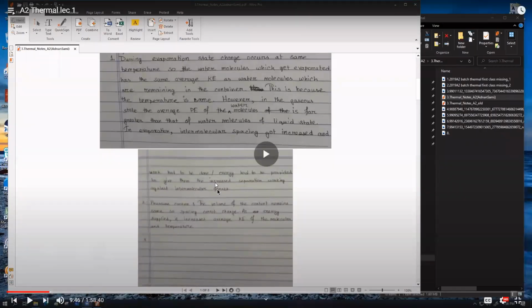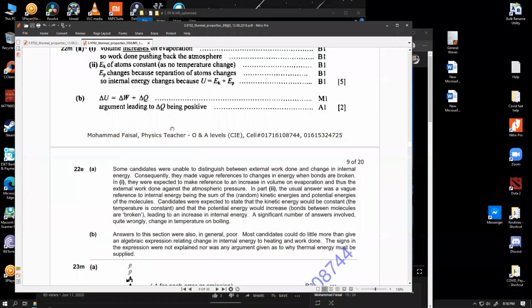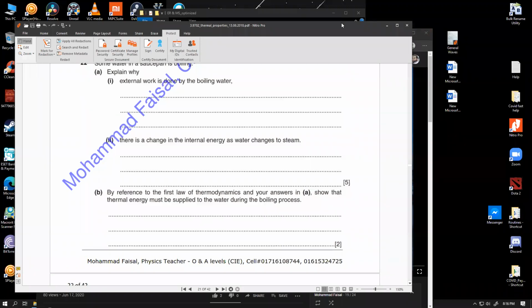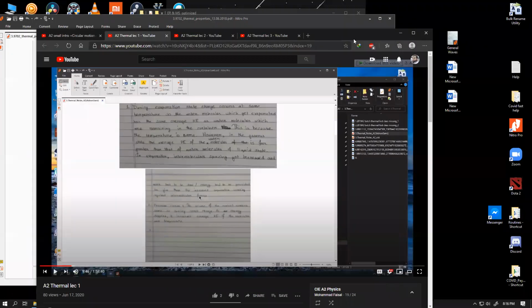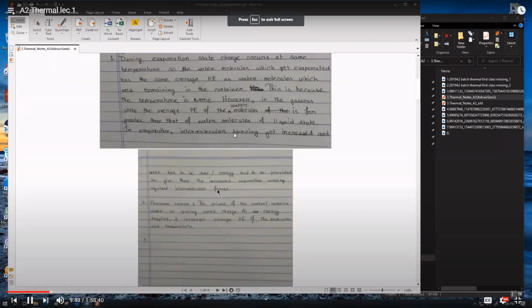The one window opens and another window gets lost altogether. The only factor we're going to cover for your syllabus is energy of the molecules and temperature.